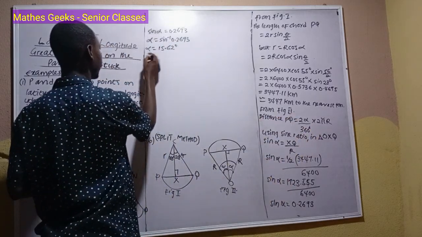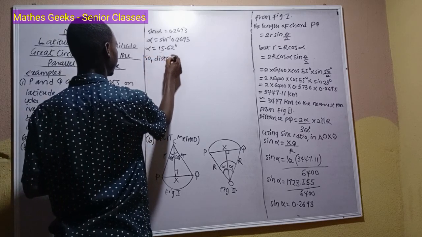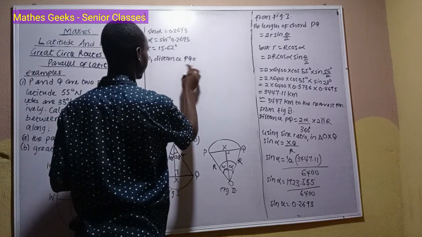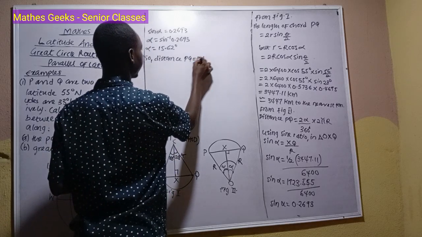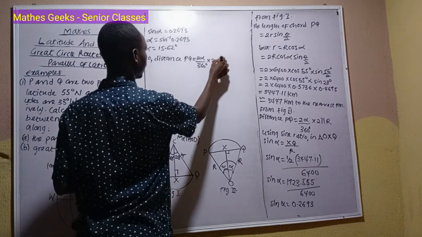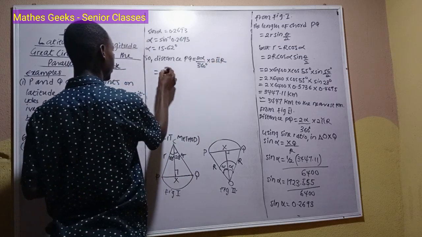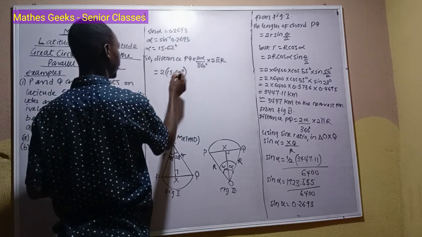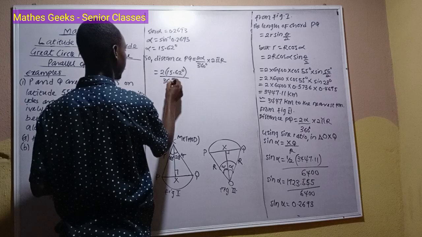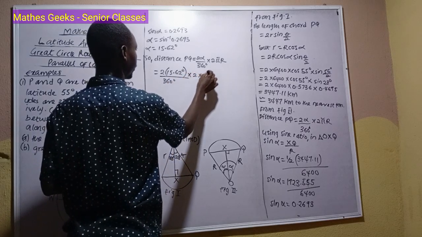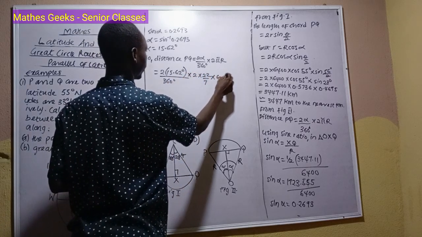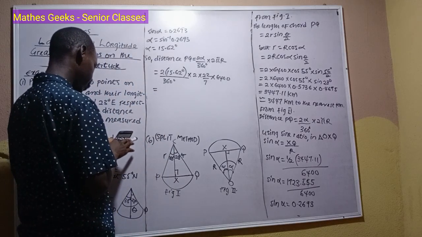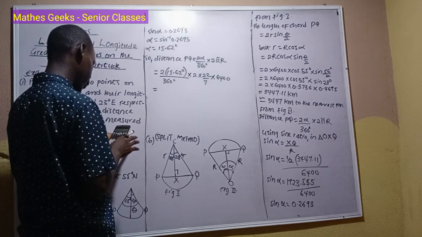So distance PQ is equal to 2 alpha over 360 degrees times 2 pi r. This gives 2 times 15.62 over 360 times 2 times 22 over 7 times 6,400.